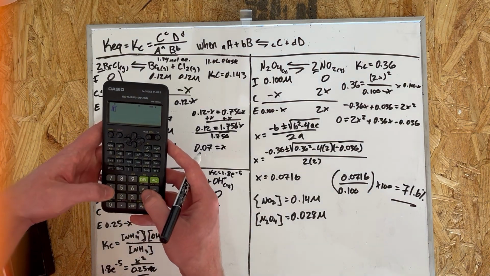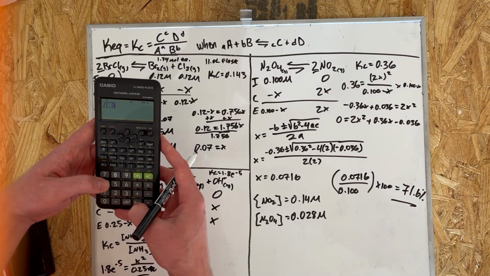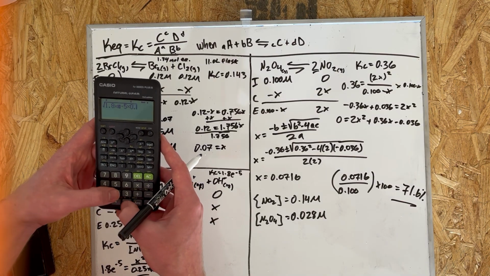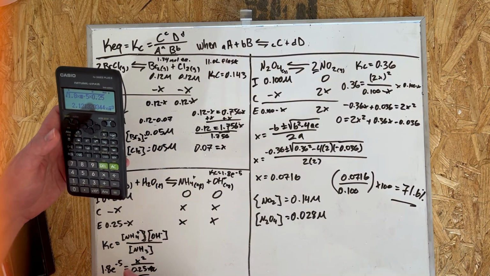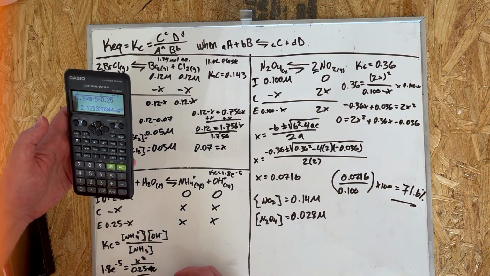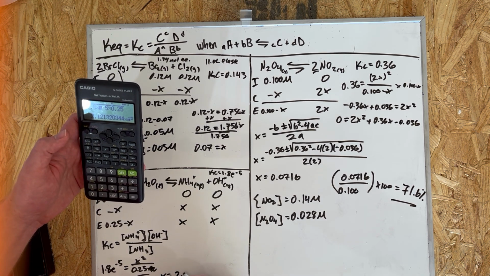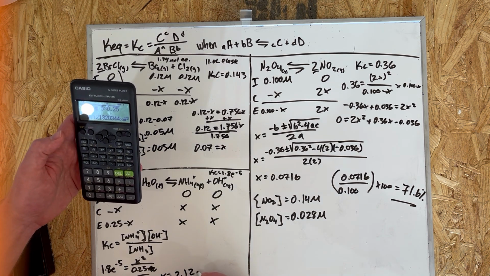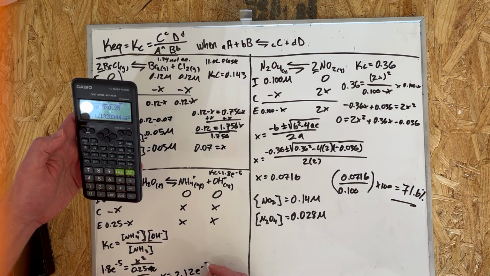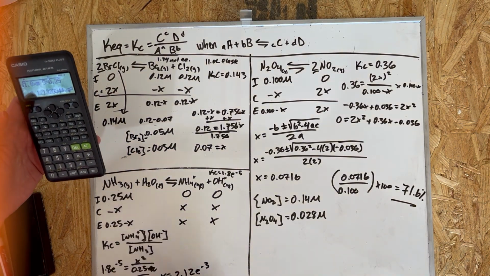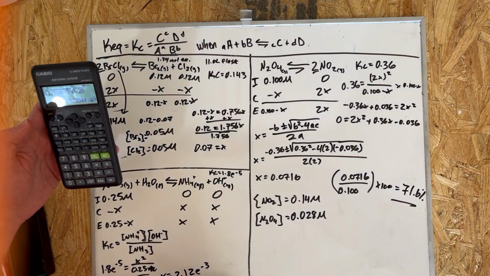So in my calculator I'll just do the square root of 1.8 times 10 to the negative fifth times 0.25. That just skips a step here. So then that gives us x is equal to 2.12 times 10 to the negative third. Now our double check, we'll take the x value we got divided by our initial concentration, just like we did over here.